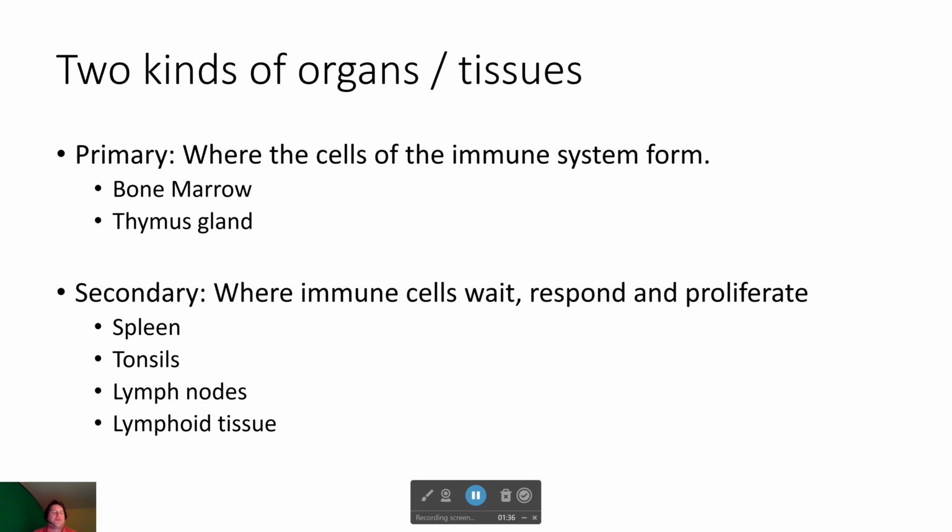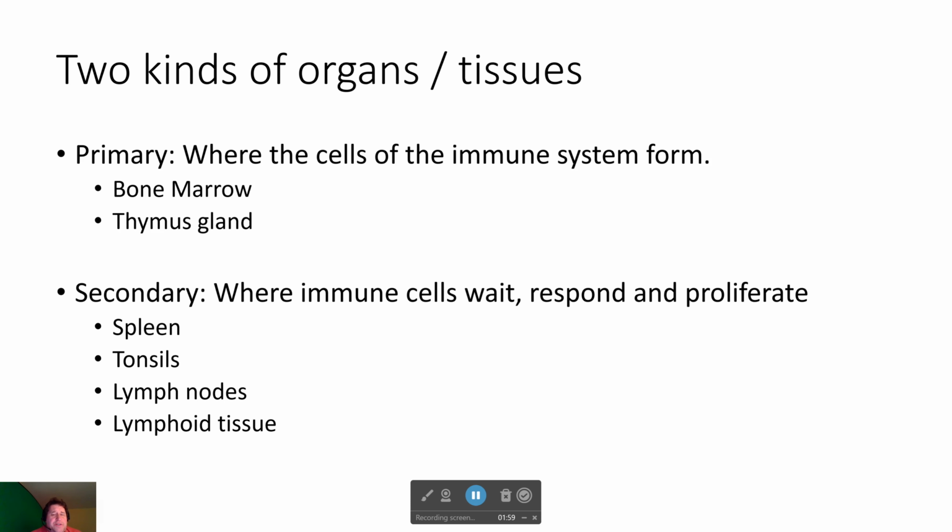They flow through the blood and then they go to the thymus where their maturity begins or continues on into mature T cells. So because the formation of cells occurs in both the bone marrow and the thymus, they're considered primary organs or tissues.